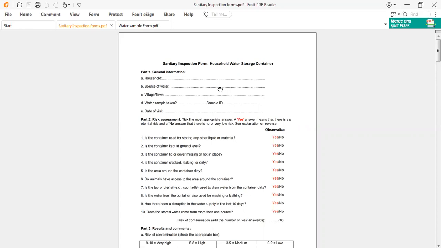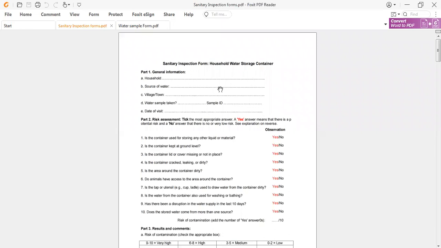Okay, so with me here, we have the sanitary inspection form. The sanitary inspection form is a form that is suited for a particular project being carried out. So this form helps you to assess your project area or your research area, and to know what is going on there, if there are risks in a particular project.